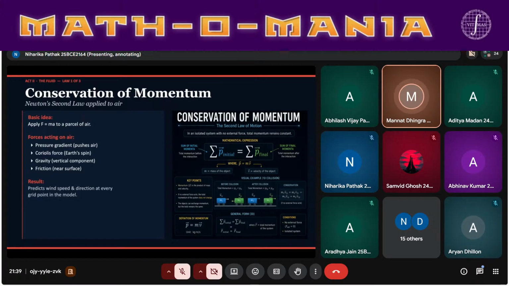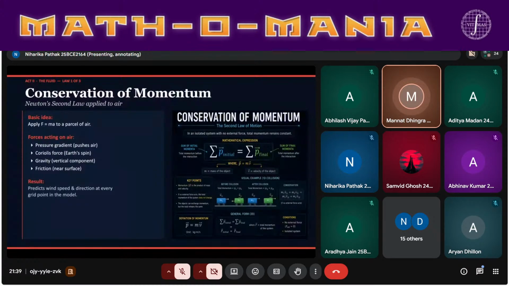So if change in momentum is zero, the right-hand side becomes zero. So we can write the mathematical expression that the sum of initial momenta, or the total momentum before the interaction, is equal to the sum of final momenta, or the total momentum after the interaction, right? This is the main idea of conservation of momentum.